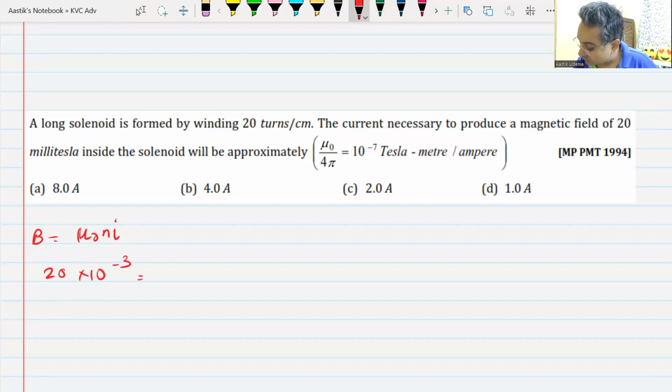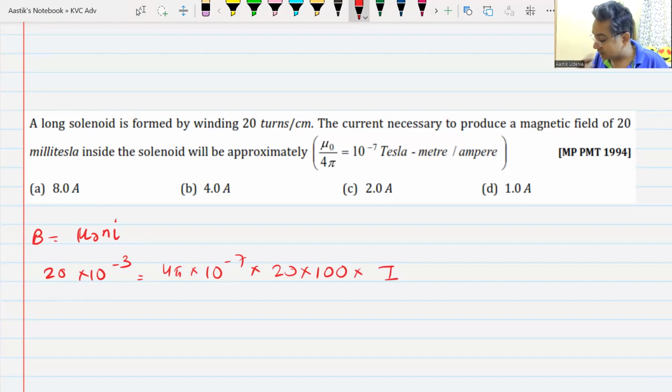That must be equal to mu naught, 4 pi into 10 raised to the power minus 7, into 20 turns per centimeter, which is 20 into 100 turns per meter, into the current I. Forget about all these units, because units do not make much of a difference. 2 and 2 will get cancelled.